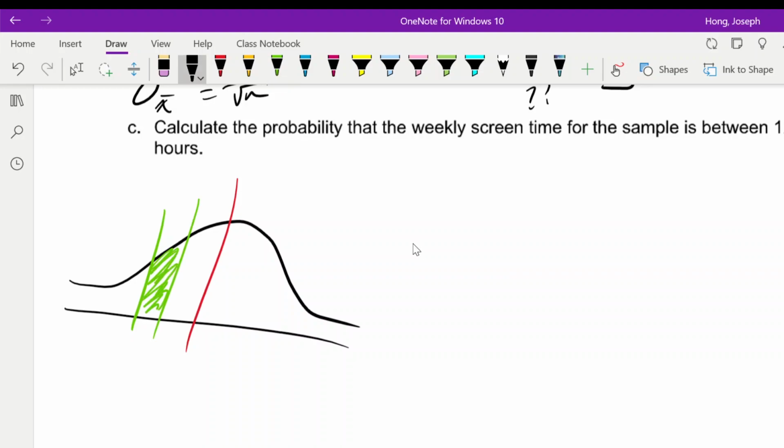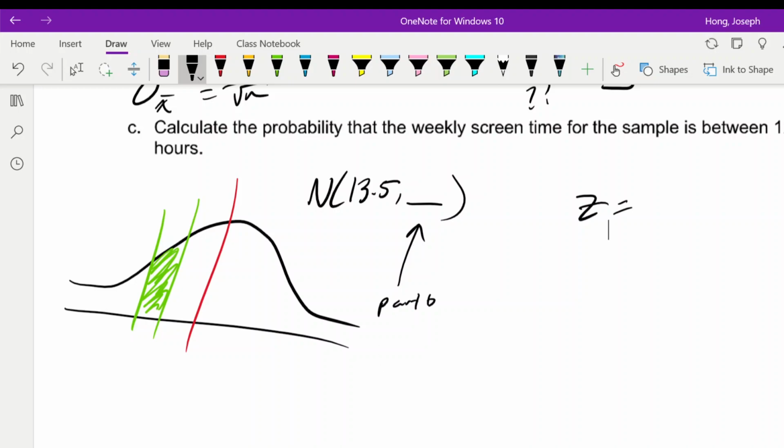I'm not going to show you how to do that, but I hope that this diagram helps you. So n is going to be 13.5, comma, 0.0. I'm not going to tell you this one. And you can find this from part B. And of course, you're going to use the z-score formula.